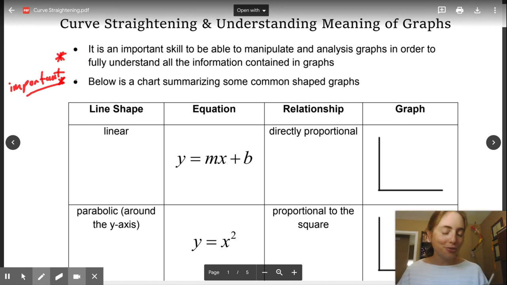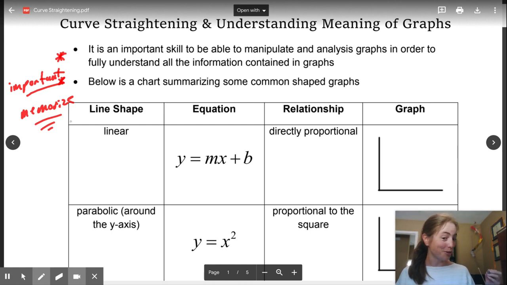So I'm going to make all these videos as if we have the diploma exam, and I will let you know what you need to memorize as if it was the diploma. So memorize these graphing patterns if you haven't done so already, because you need those for your diploma.